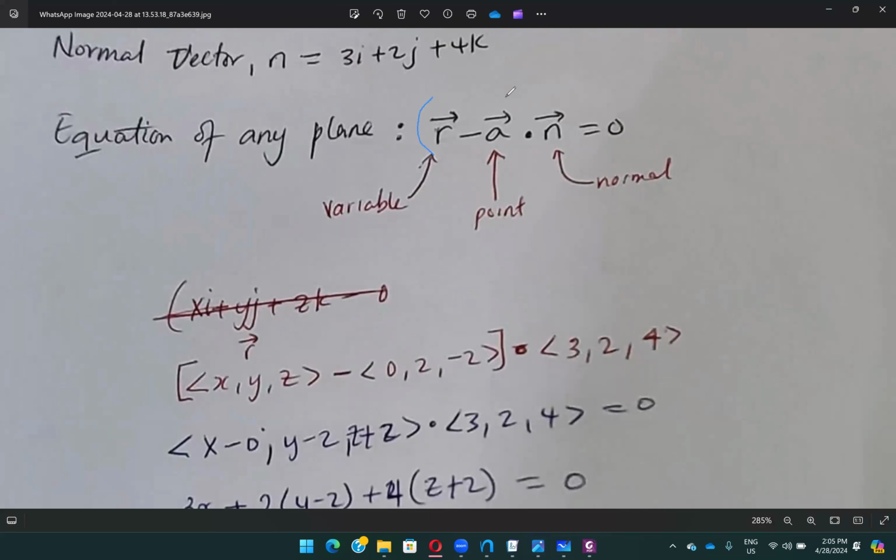There should be a bracket around this. So this is an equation for a plane. This is one of the many equations you can have, where R is a variable, right? And then A is a point on the plane, and then N is a normal to the plane.